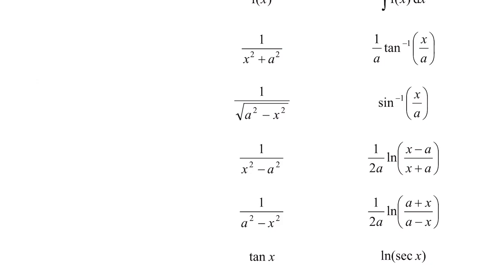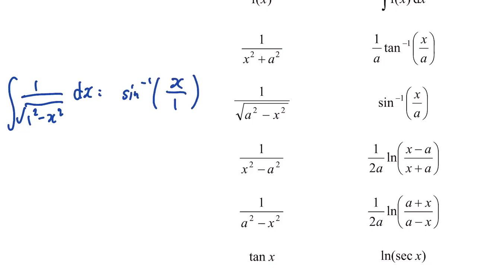If I don't want that a squared, I want it to be a 1. Then this would mean I'll have 1 over square root of 1 squared minus x squared. You take the integral, you get sine inverse of x over 1. So I don't have to stress out so much about remembering to divide by a. x over 1 is just x.